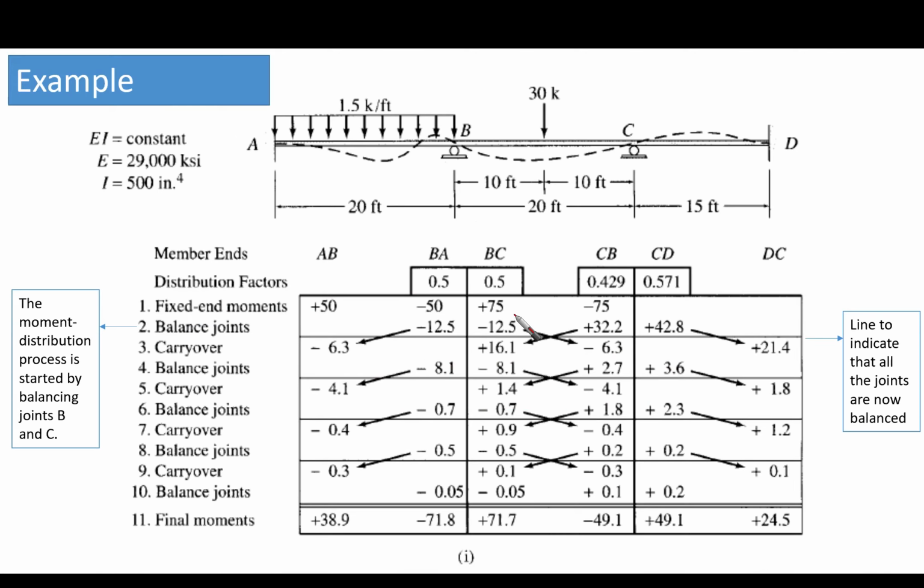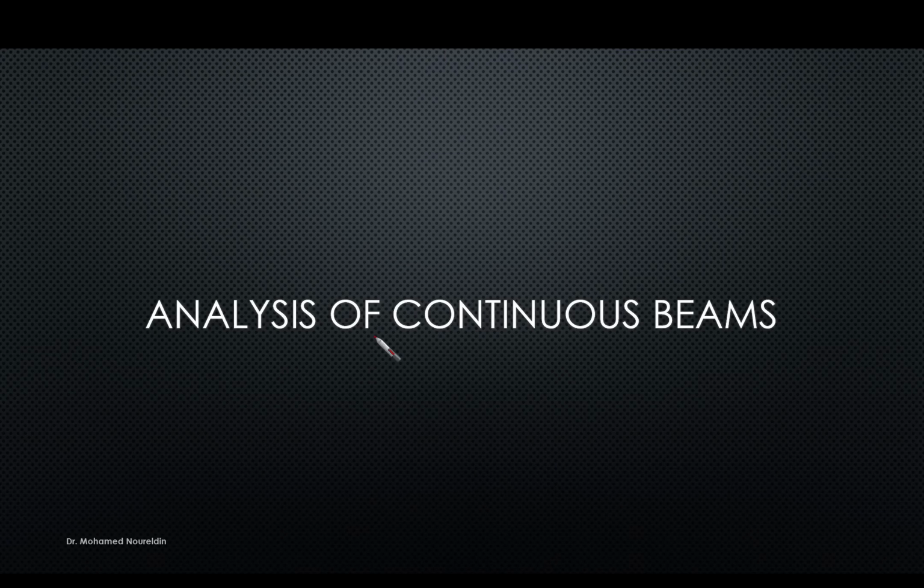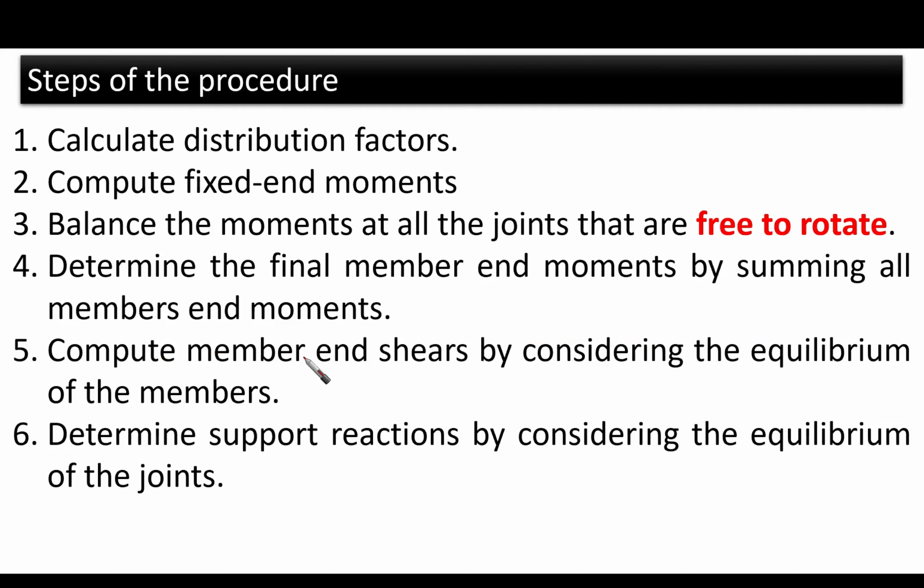This example is very clear for us now, and we can implement the moment distribution method for continuous beams. Now let's go to another point, which is analysis of continuous beams, with some hints related to it that will make it easier for us.